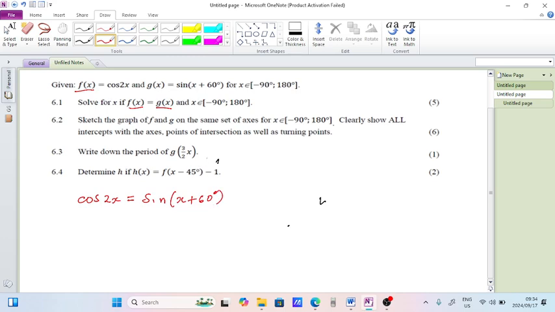Then if you have this one, you check the angles are not the same. If the angles are not the same, it means we're going to use which rule? Then we use cofunctions.